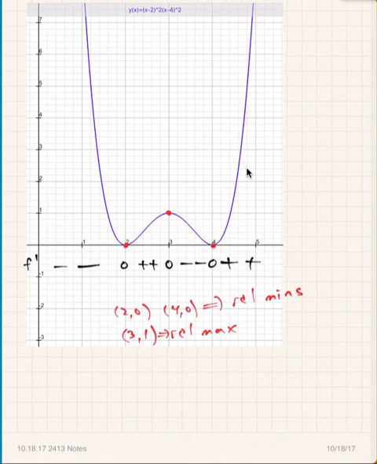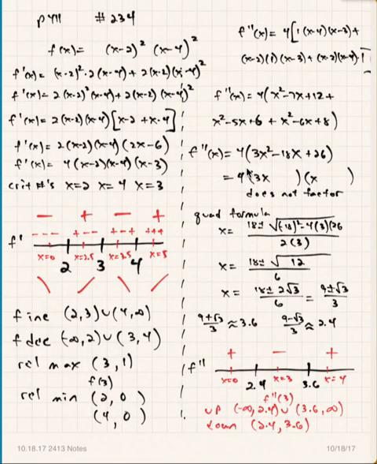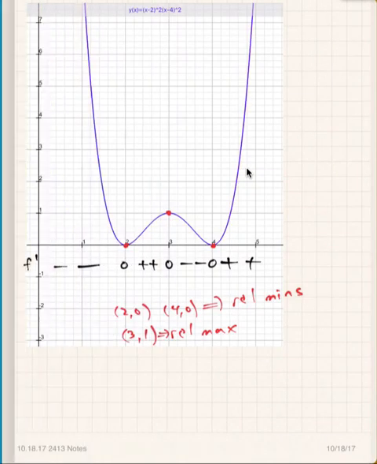As far as the concavity, we found that there were points of inflection at about 2.4 and at about 3.6. So 2.4 is approximately right in here, and 3.6 is approximately right in here. And that certainly would agree with the picture right here.